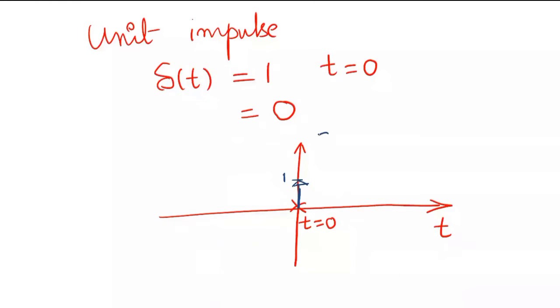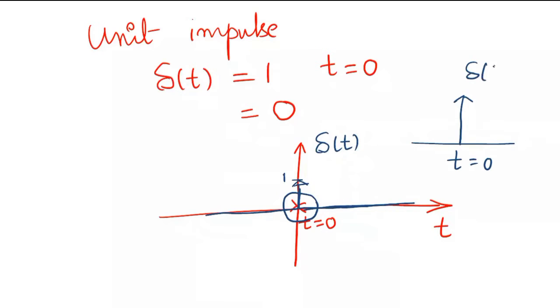So, this is delta t. Beyond this point, its value is equal to 0, and this is the 0 line. So this would look like this: delta t equal to 1 at t equal to 0. This function is known as the unit impulse function.